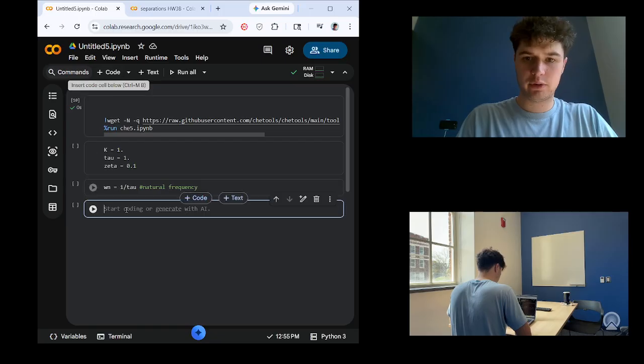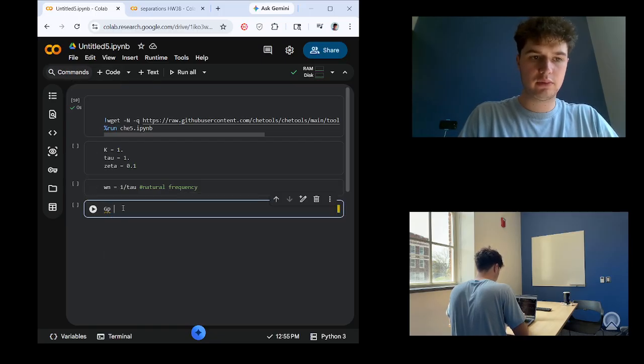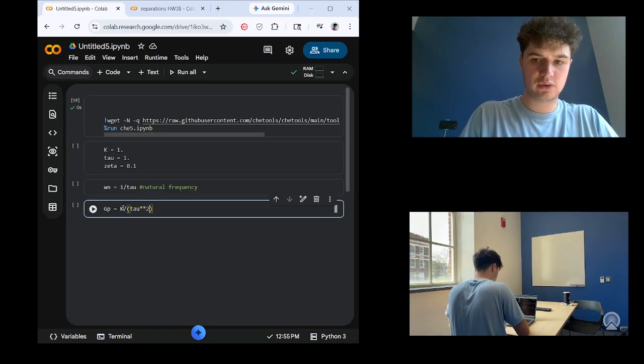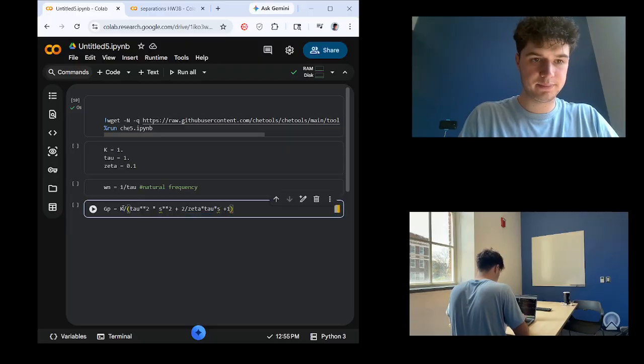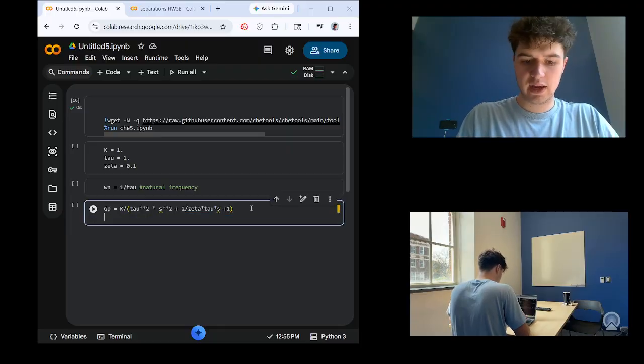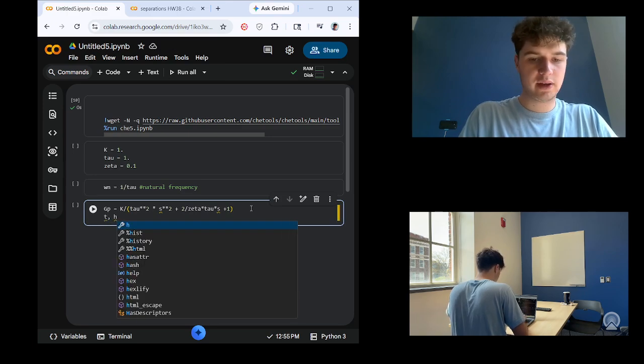And then the final thing will be our GP value, which is going to be K divided by tau squared times S squared plus 2 divided by zeta times tau times S plus 1. Then we need our time and our height values.